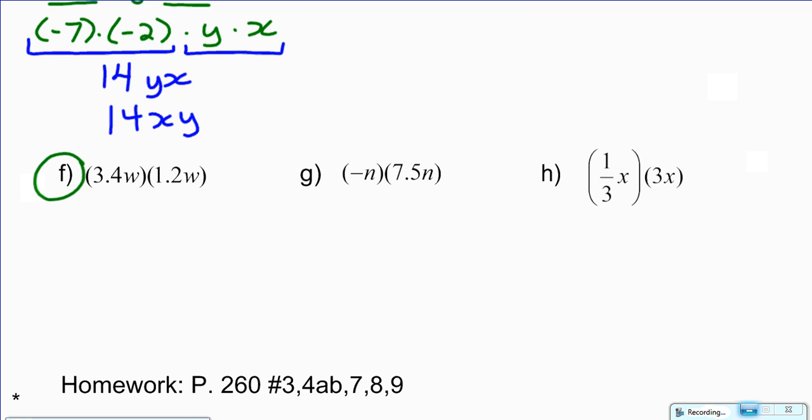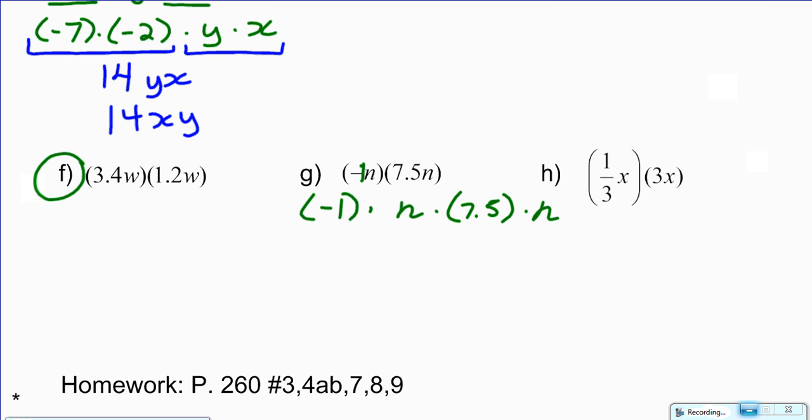For G, we have negative n. So right now it doesn't look like there's a coefficient on the n, but it's actually a negative 1n times 7.5 times n. So split it again, negative 1 times n times 7.5 times n. I didn't really need the brackets on this term.